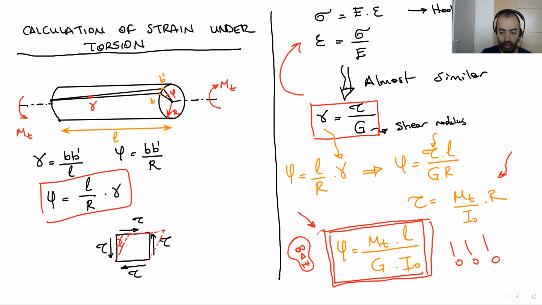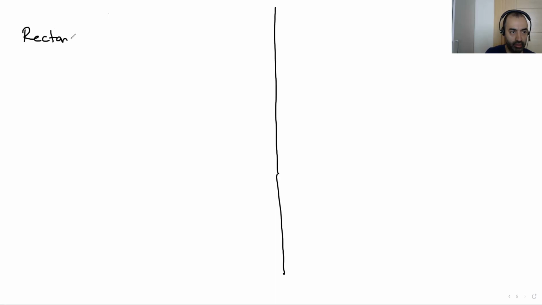That's all for the explanation of the subject. I'm just going to give you a table in case you work with square or rectangular sections in your professional life. It's not the subject of this course.